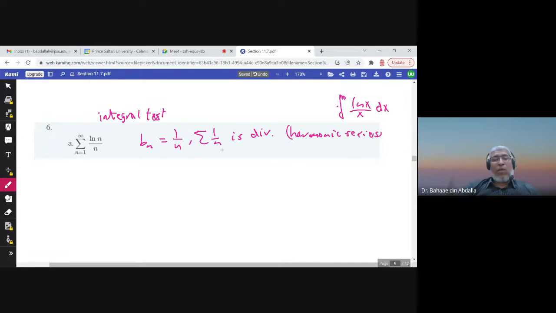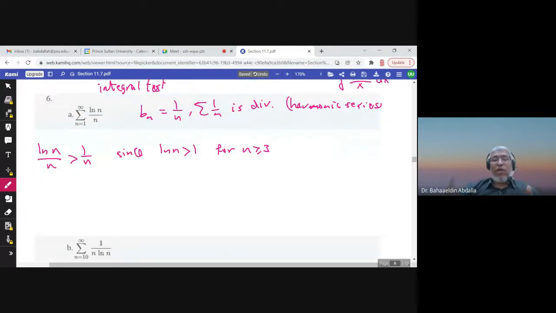But can I prove that ln n over n is greater than 1 over n? Actually, this is correct because ln n is greater than 1 for n greater than or equal to 3.